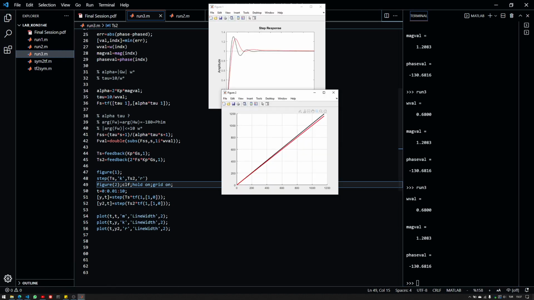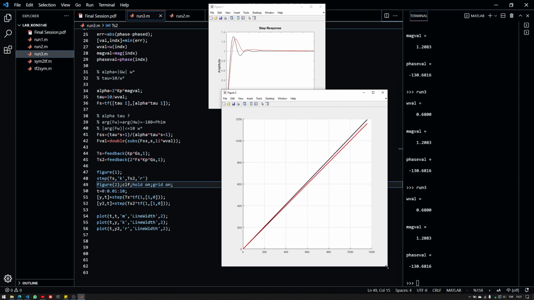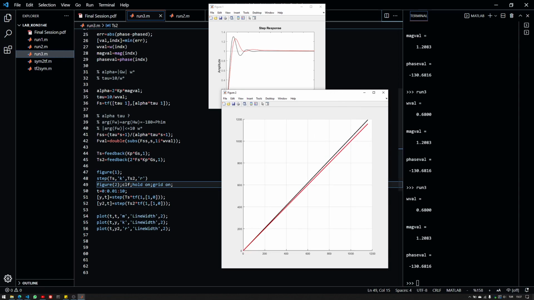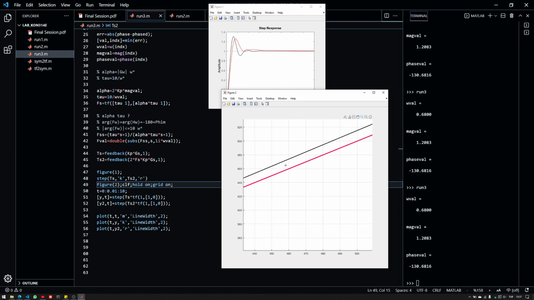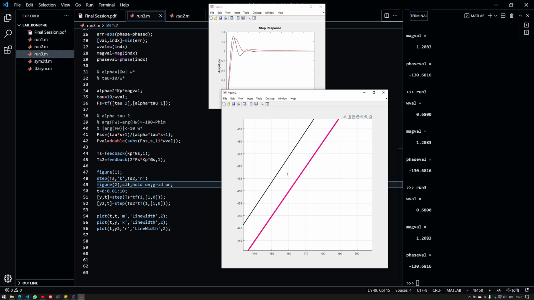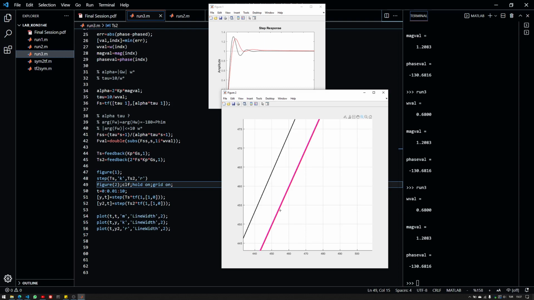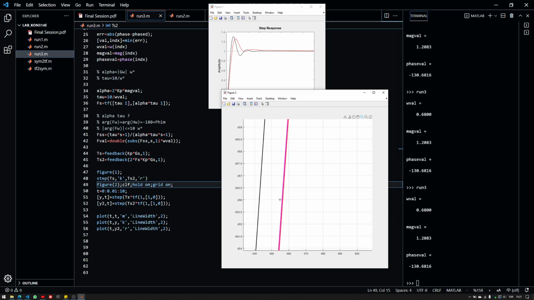So now we can see that there's more difference here. And you can also see that the red one is closer to this color, this magenta color.